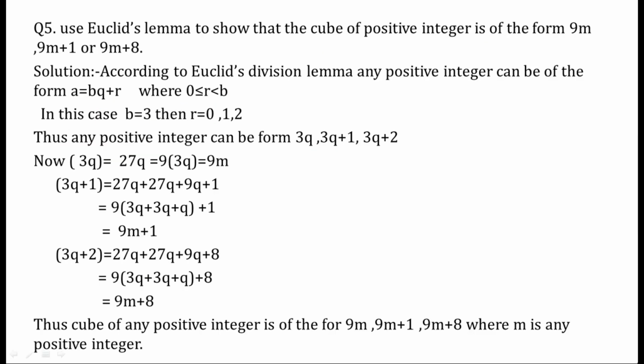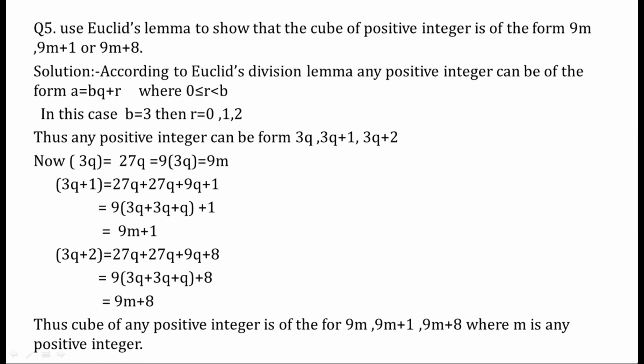Now, using Euclid's division lemma, we have to show that the cube of any positive integer is of the form 9m, 9m + 1 or 9m + 8. We have to take the cube of these numbers.